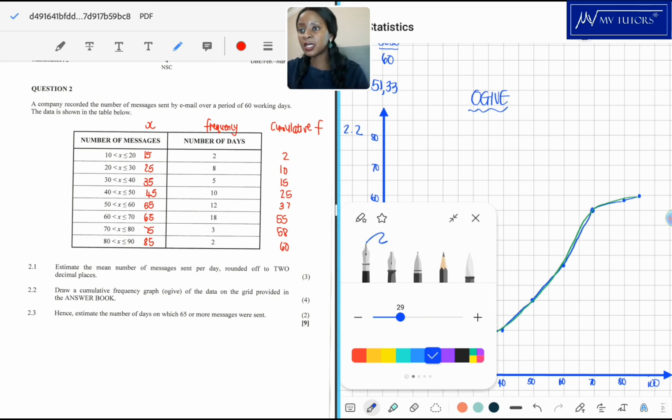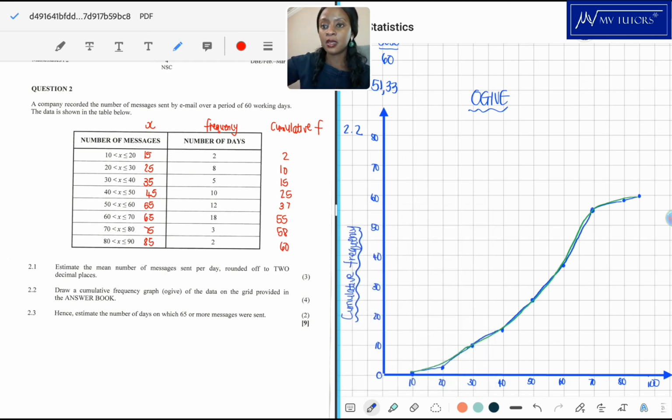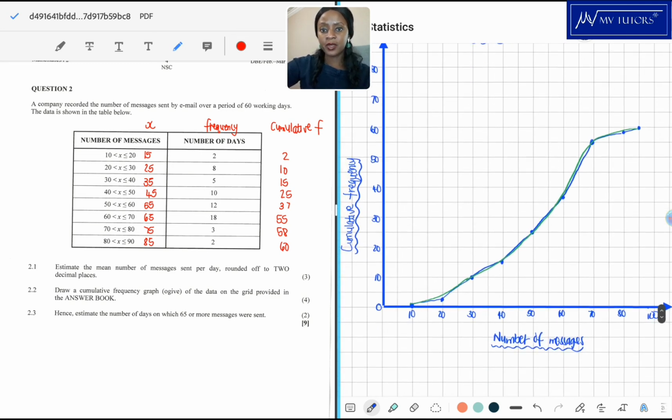Now let us see. We have drawn the archive, and now it says, hence estimate the number of days on which 65 or more messages were sent. The number of days is here. So if we have 65, let's draw that line showing 65.